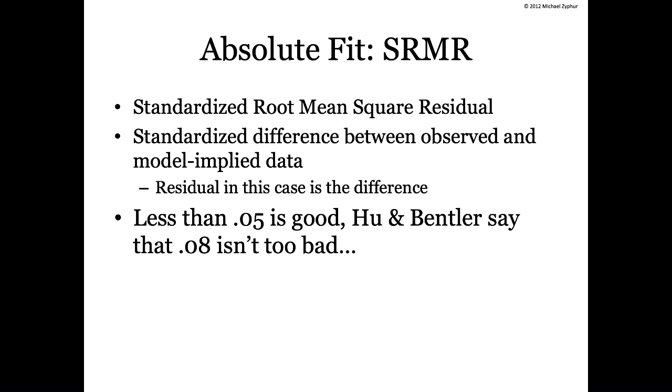So Hu and Bentler, in this famous article, they say things like, hey, if it's less than 0.05, that's pretty good. There are a lot of conditional statements in that paper that we don't have to go into all of them. Then they also make statements like, you know, 0.08, that's not too bad either. Maybe anything bigger than 0.08, and people will cite it all the time, whether they've read it or not, who knows.